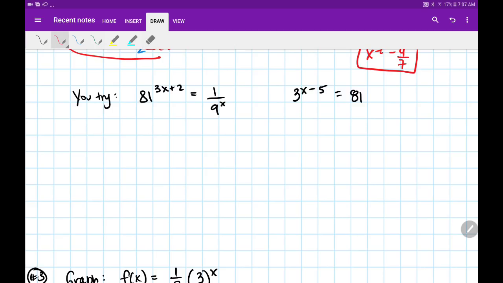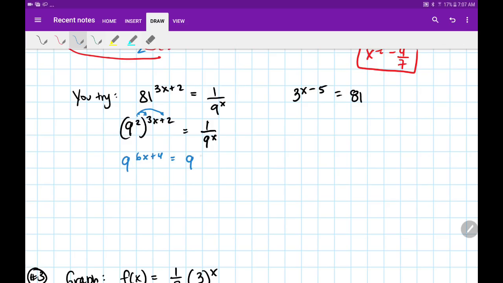All right, so the solutions to these, my common base on the left and the right would be 9. I can write 81 and 9 as powers of 9. So on the left, I'll have 9 squared times 3x plus 2. And on the right, I'll just leave it. My next step, distribute. So I have 9 to the power of 6x plus 4.